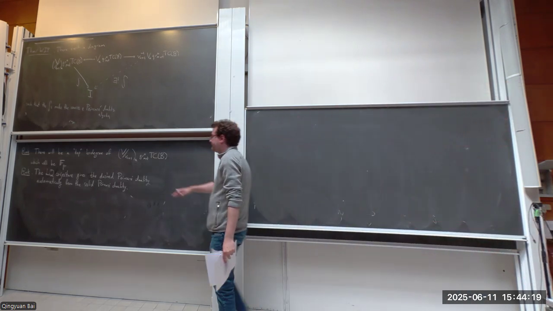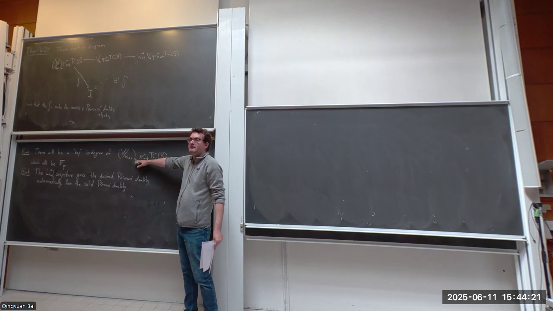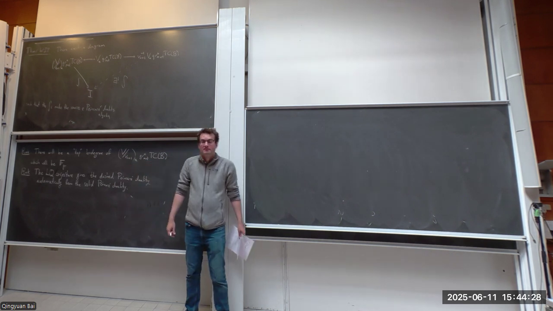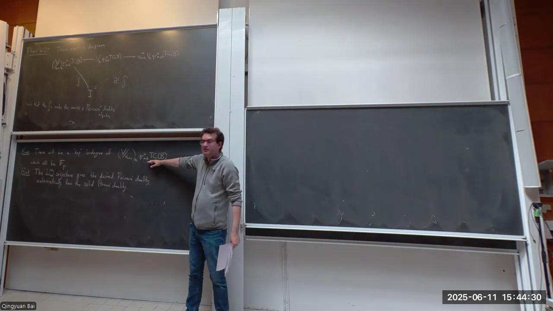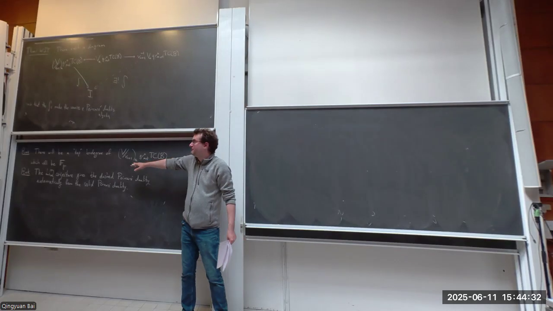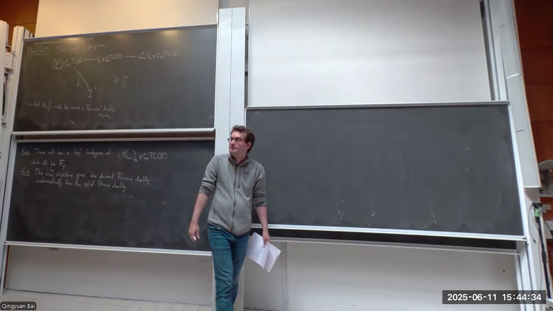So I want to produce the class in here and then check that this class I'm producing defines the new Poincare duality object. But one of the main things to do now is to produce an FP in this top degree.